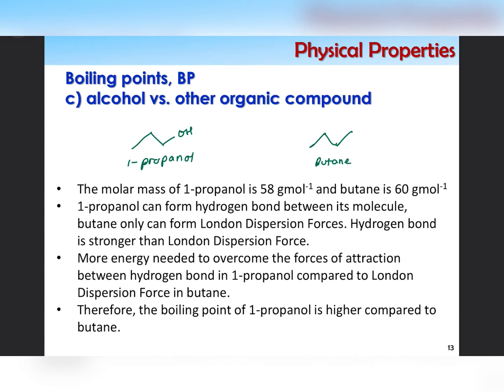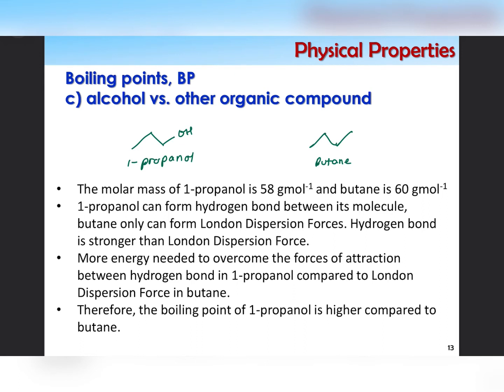Okay, so in this case 1 propanol 58 gram per mole and for butane it is 60 gram per mole. So 1 propanol, you have OH dekat sini, so it can form hydrogen bond between its molecules. But butane, dia hanya ada London dispersion forces, dia tak boleh buat hydrogen bonding between its molecules.